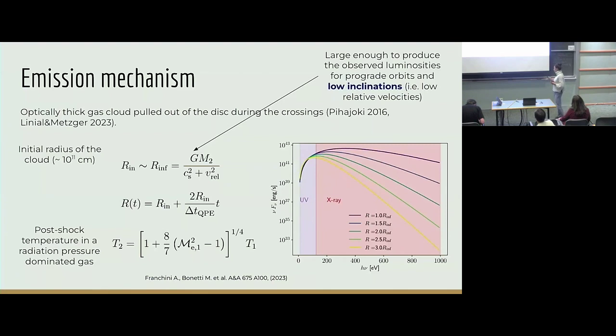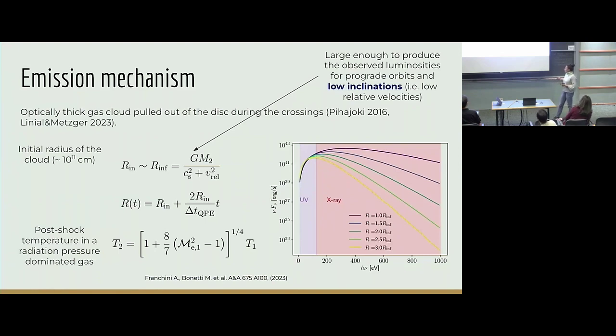I guess the original idea of this mechanism is from Ivanov? in 2016. This has been, of course, developed more by Itai and Brian. Essentially, every time the companion crosses the disk, there are two clouds of material that are expelled from both sides of the disk.